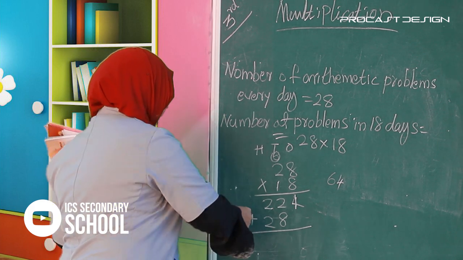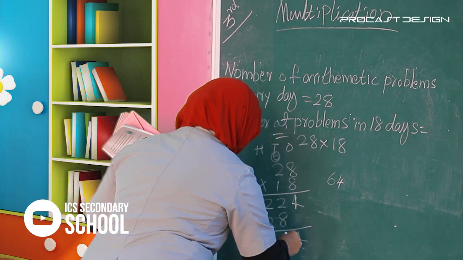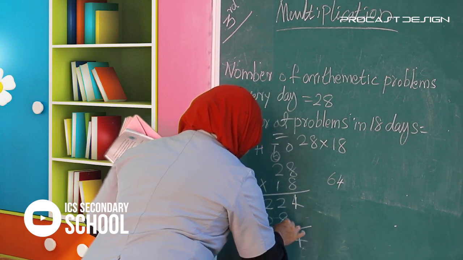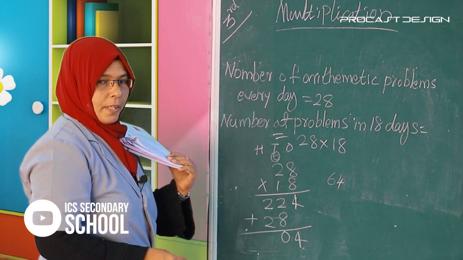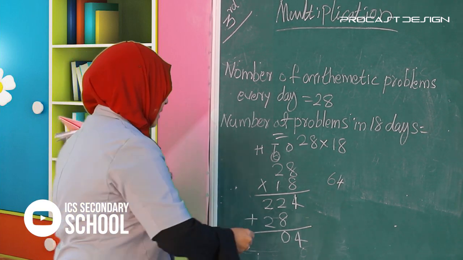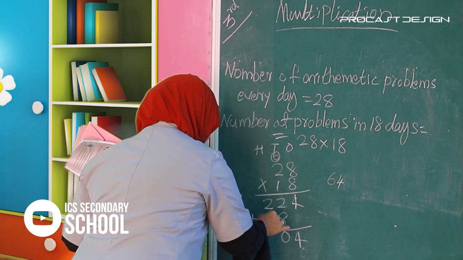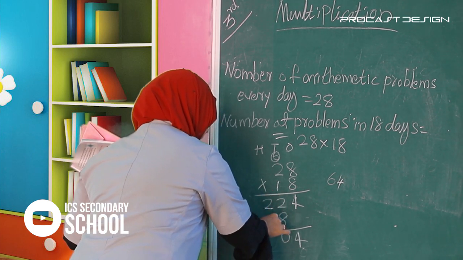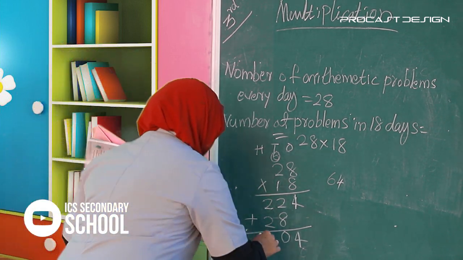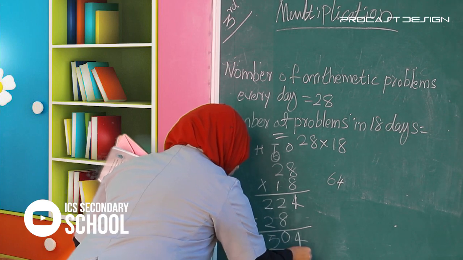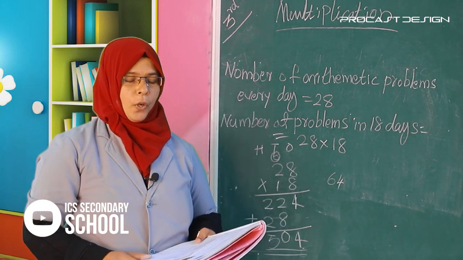We are going to add these two numbers. 4. 8 plus 2 equals 10. 0. Next 1. 1 plus 2, 3. 3 plus 2, 5. Okay. All of you write it in your notebook.